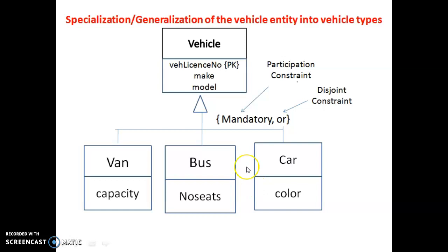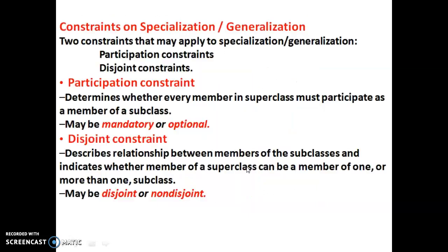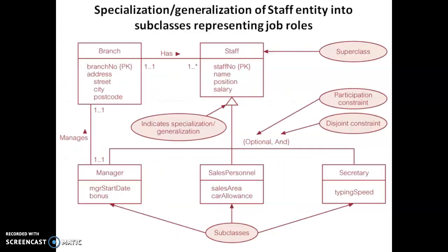If subclasses of a specialization generalization are not disjoint, that means non-disjoint, "and" is placed next to the participation constraint within the curly brackets.